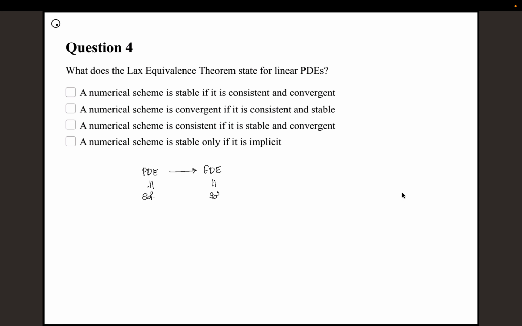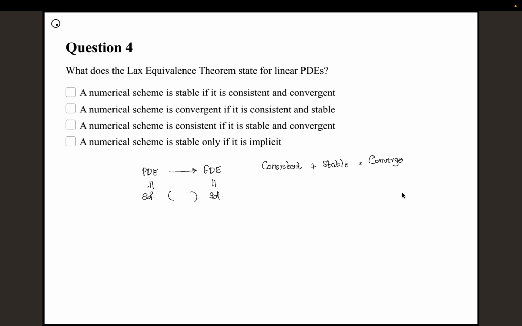So if I convert from a PDE to an FDE, what is the criterion that will ensure that the solution of the actual PDE is equal to the solution of the FDE? This is what the Lax equivalence theorem states: if you have a consistent and stable algorithm, you will get convergence.